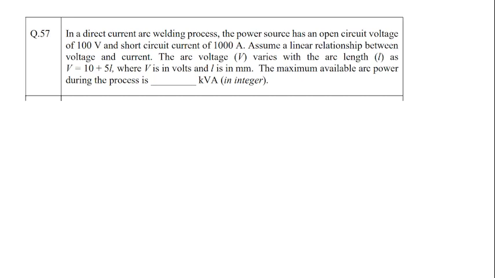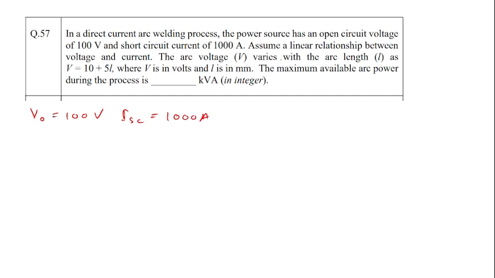So, in this question, what is it asking? It is a similar kind of question. Let's solve this. In a direct arc welding process, the power source has an open circuit voltage V0 of 100 volt and short circuit current of 1000 ampere. Assume a linear relationship between voltage and current.